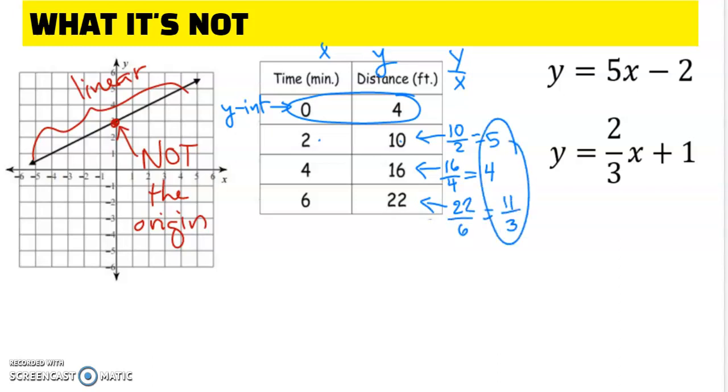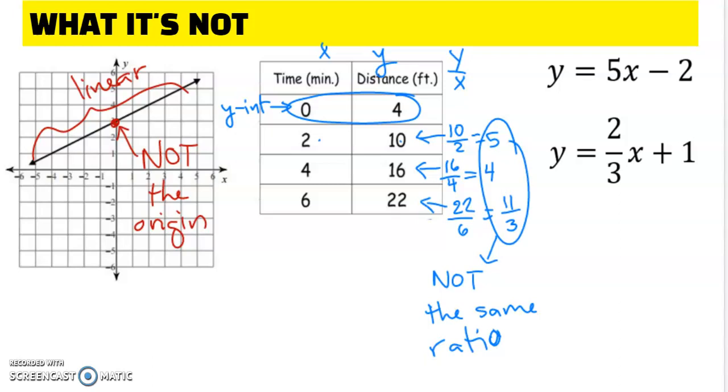That's not proportional. Not the same ratio. As soon as you see any of it's different, it cannot be a proportional relationship. All the numbers have to be the same for it to be proportional.